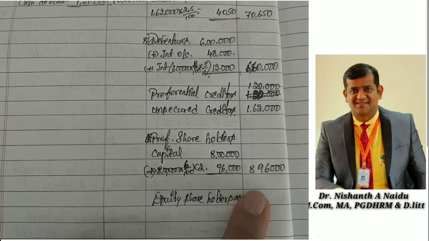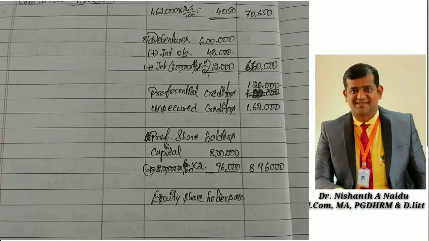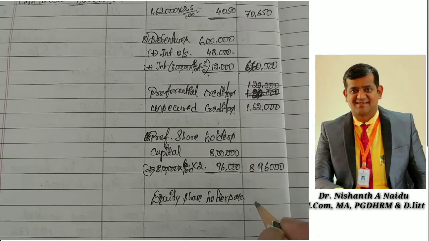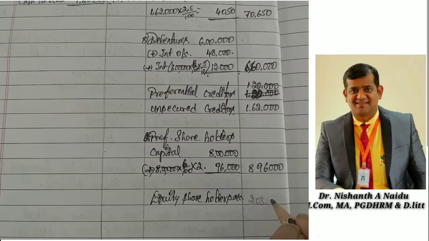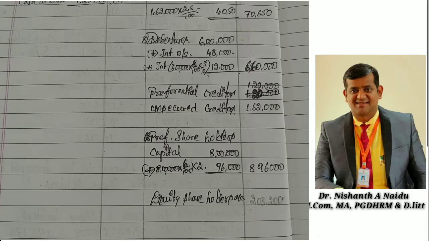So cash available with us is 2,03,200, correct. Cash available to equity shareholders is 2,03,200. Now, it is available, but whether it is going to be a loss or profit, how to identify?